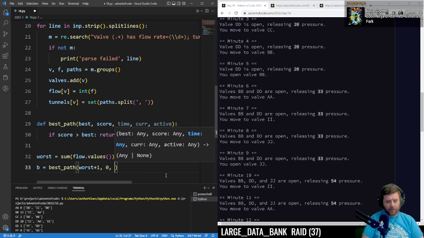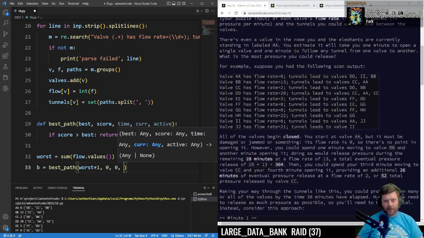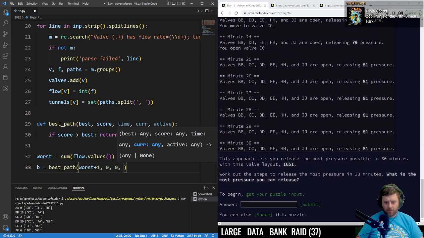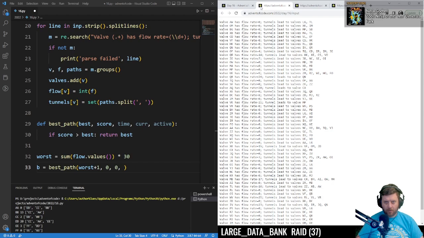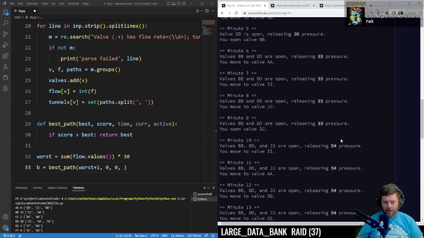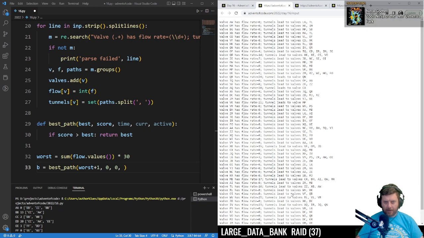Start with a score of 0 at time point 0. I start at location... Where do you start? At AA? Is there an AA in here? Yep.